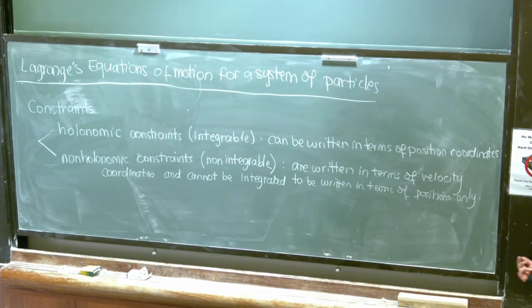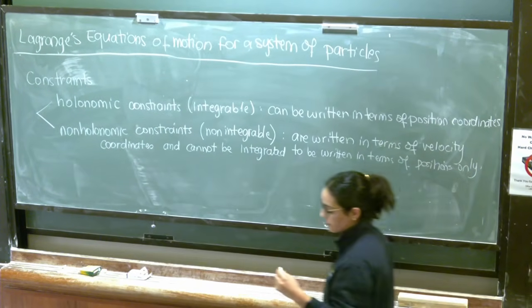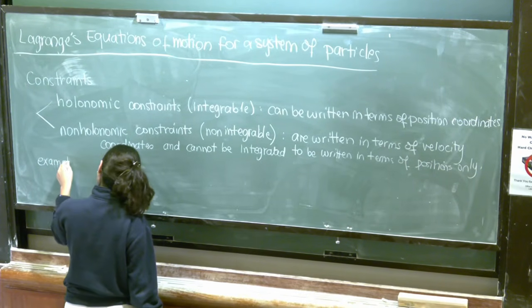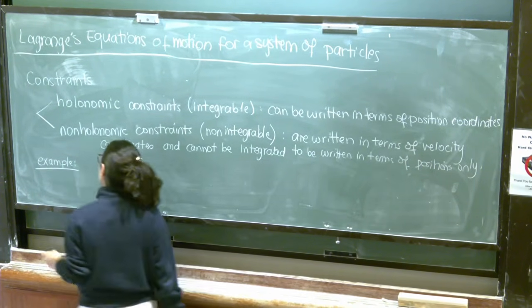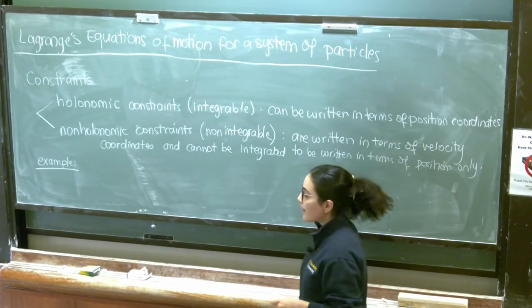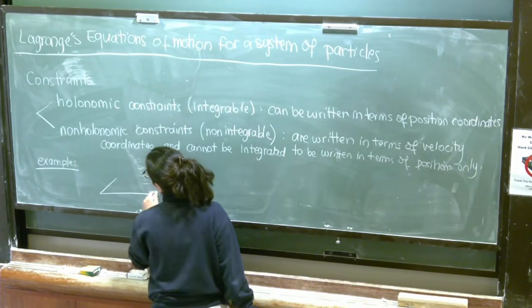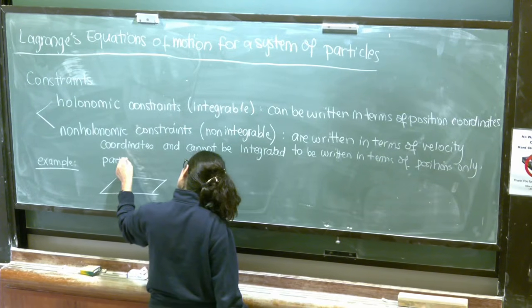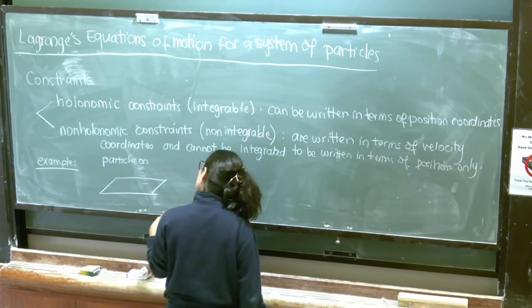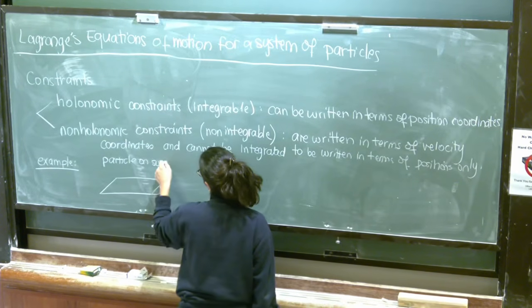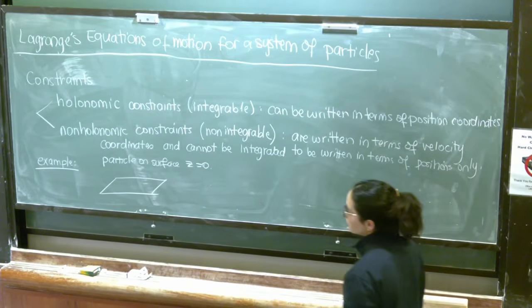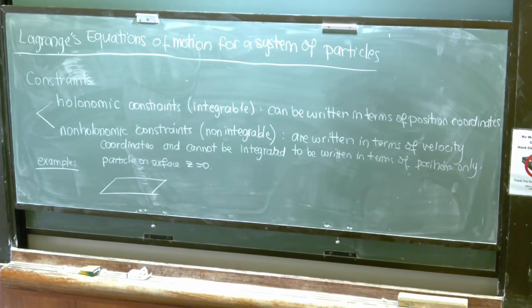Okay, and let's look at examples. An example that is considered: a particle on a surface. Again, we're introducing Lagrange's equations of motion.